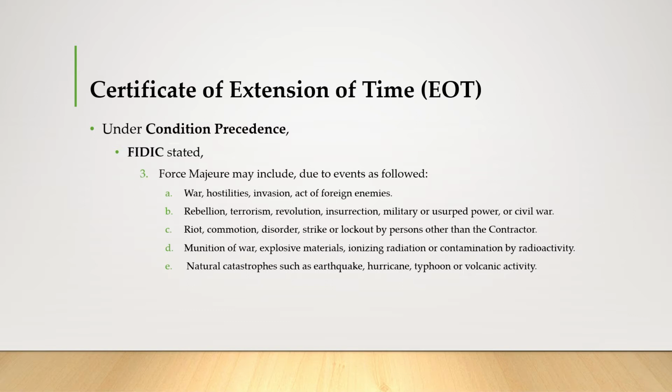The third one is riot, commotion, disorder, strike, or lockout by persons other than the contractor. The fourth one is munitions of war, explosive materials, ionizing radiation, or contamination by radioactivity. The last one is natural catastrophe, such as earthquake, hurricane, typhoon, or volcanic activity.